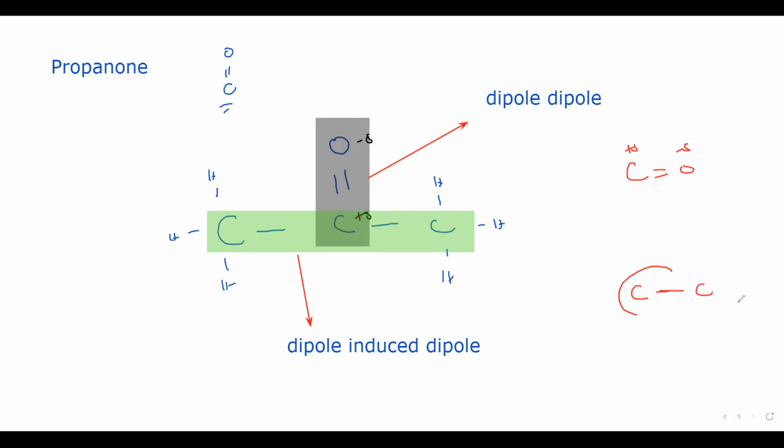So the bond between them will remain non-polar, but the bond between the carbon and oxygen will turn polar. So the non-polar part will be dipole-induced dipole, and the carbon and oxygen part, that is the polar bond, will be dipole-dipole force.